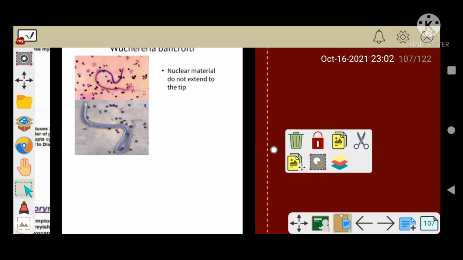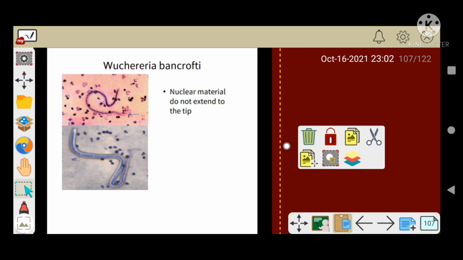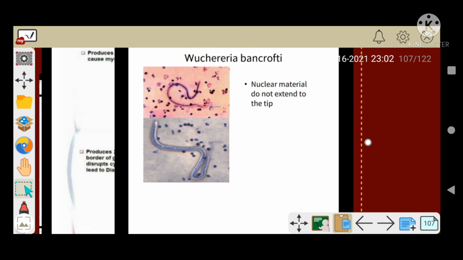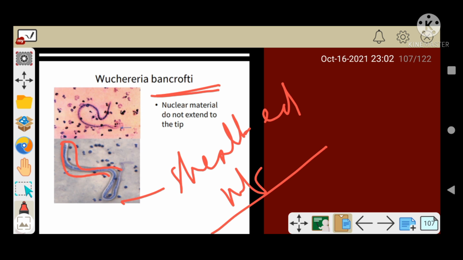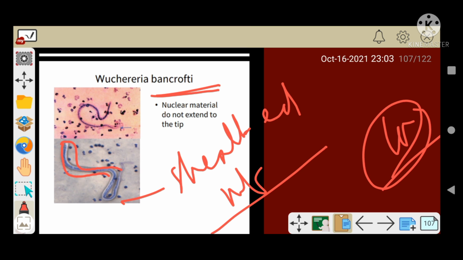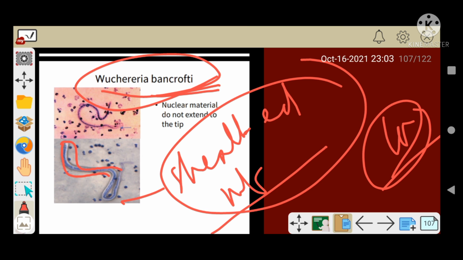Yes, this one is important. See, this has been asked, like Wuchereria bancrofti. What is asked is that this is a sheathed microfilaria. Don't remember, you can see the sheath. That's what I want to show you. This is a sheathed microfilaria, right? And the others, like Loa loa, fall in non-sheathed, but sheathed, Wuchereria bancrofti, has been asked.